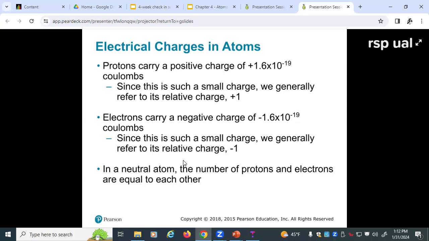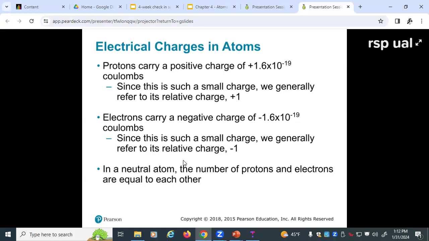Now, here's the thing. We rarely talk about the charge of a proton or the charge of an electron in terms of actual units of charge. So the coulomb, capital C, that is the official unit of charge. But we don't use it. The reason we don't use it is because on a scale of charge, protons and electrons don't have much.